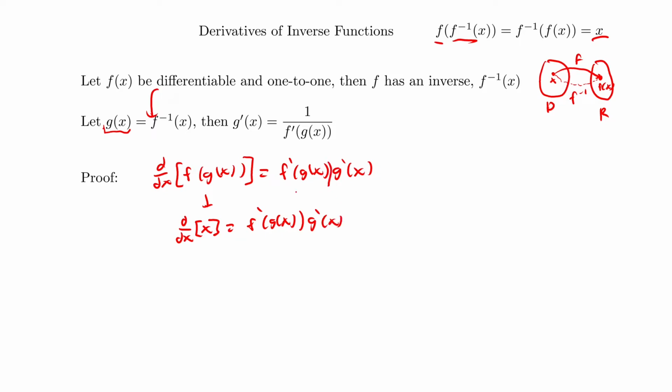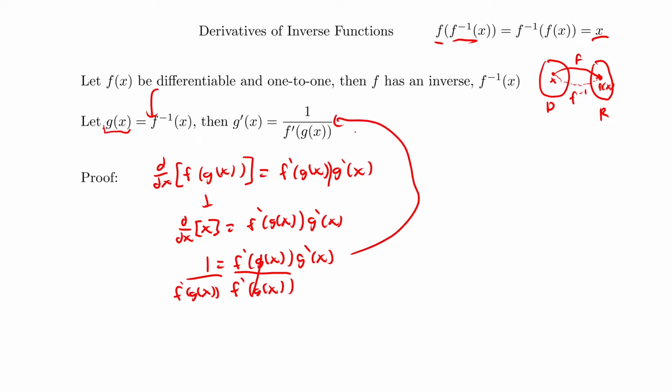It's always good to remember all the parentheses here. So the left-hand side just becomes equal to 1. This is going to be f prime of g of x times g prime of x. And then we can divide both sides by f prime of g of x. When we do that, we are left with this formula over here.